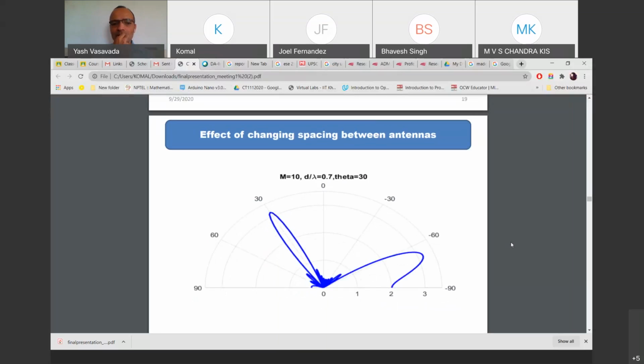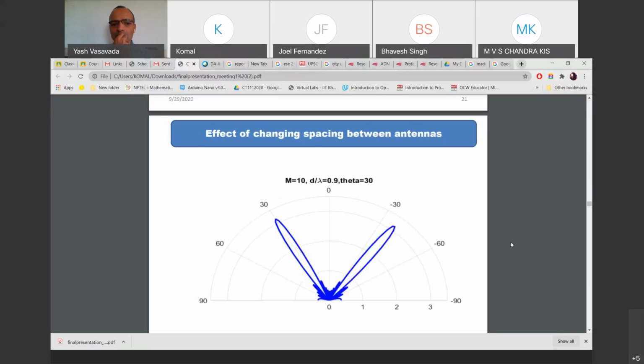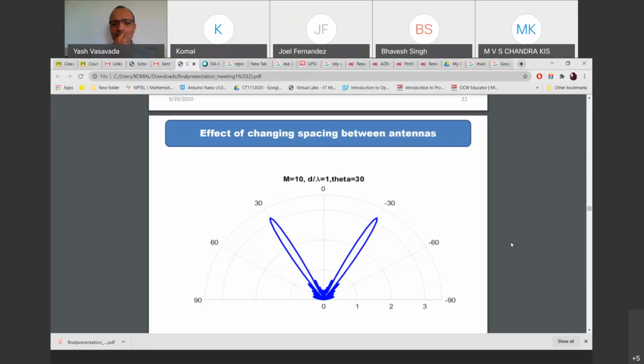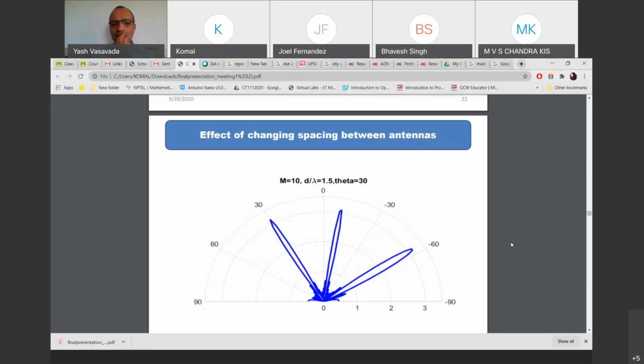So this is 0.5, 0.7, 0.9, 1, 1.5. Okay, so stop here. So Komal is trying to form a beam in the direction of 30 degrees. But for some reason, she is not able to keep the antenna separation to be equal to 0.5.